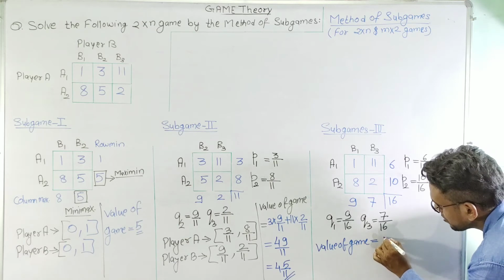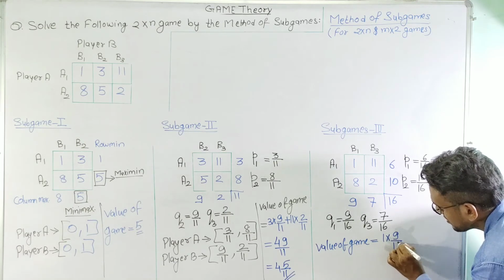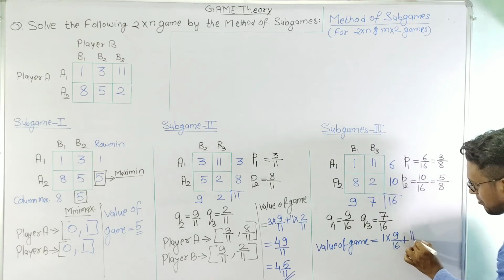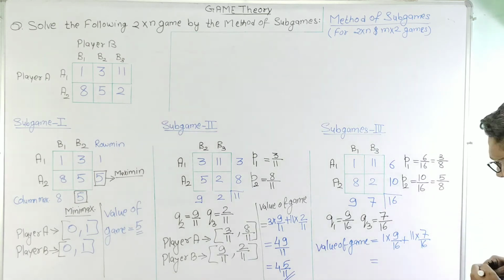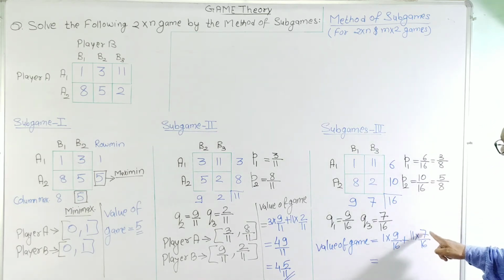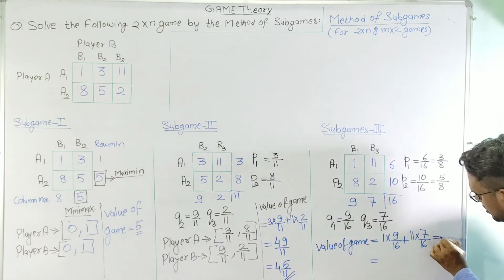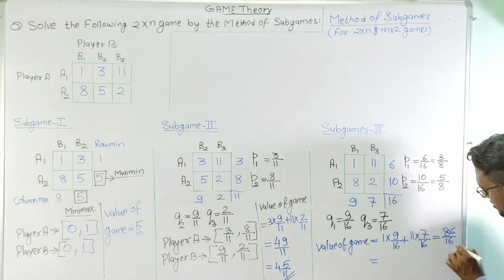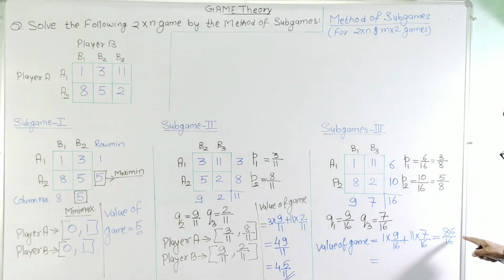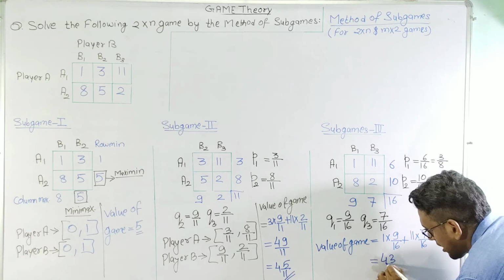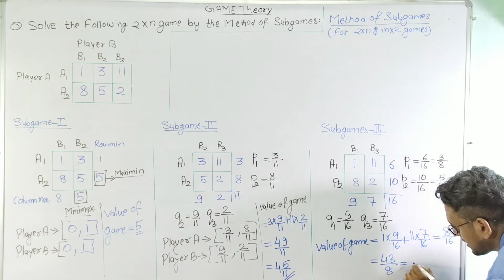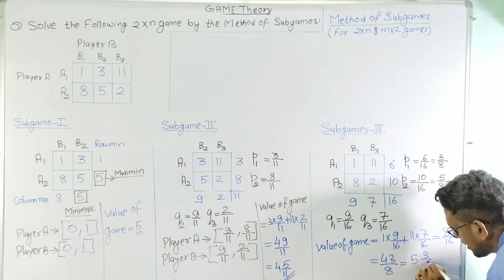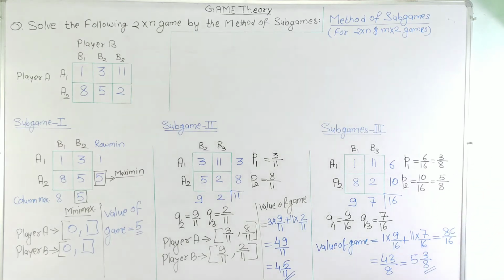This is 9 plus 77, so it is 86 by 16, which is equal to 43 by 8, or we can say 5 3 by 8. So this is the value of the game here.